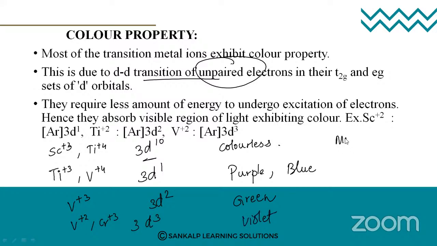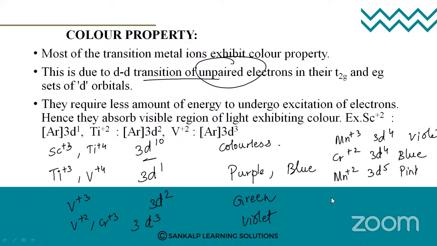Then Mn +3 is a 3d4 system, the color is violet. Then chromium +2, 3d4 system, the color is blue. Then Mn +2, 3d5 system, the color shown by the complex will be pink. Then Fe +3, a 3d5 system, shows yellow.